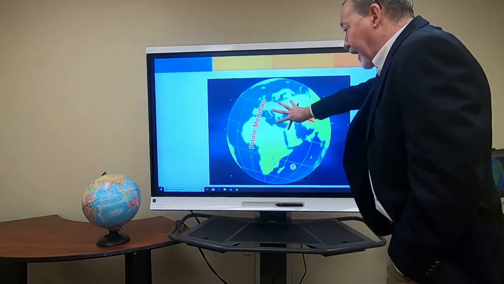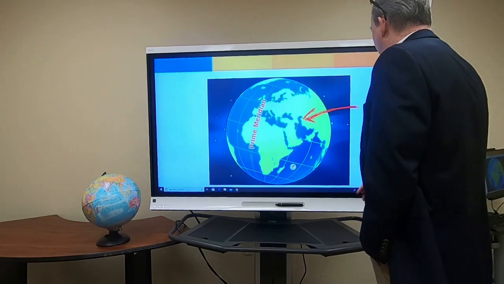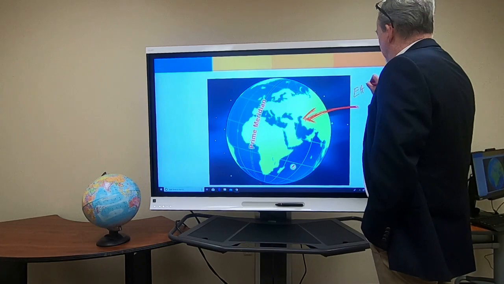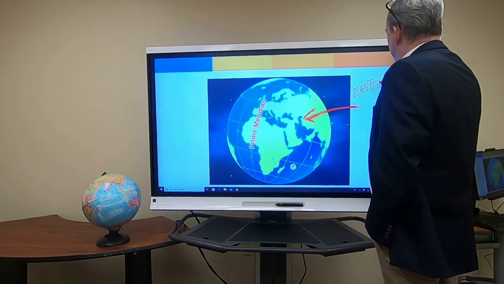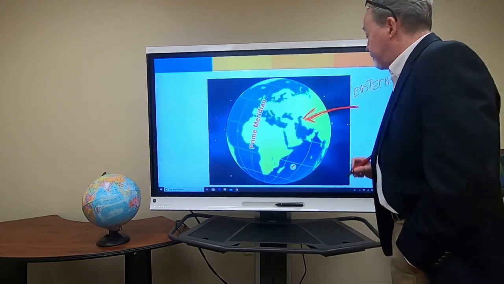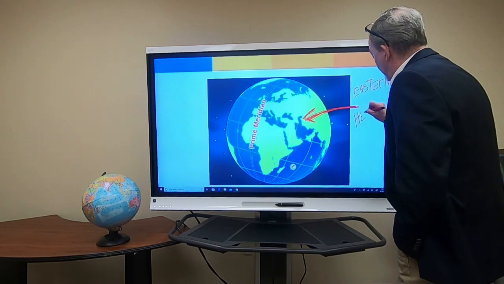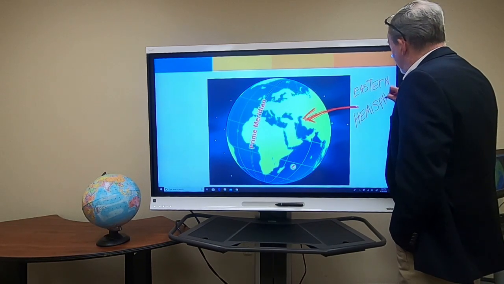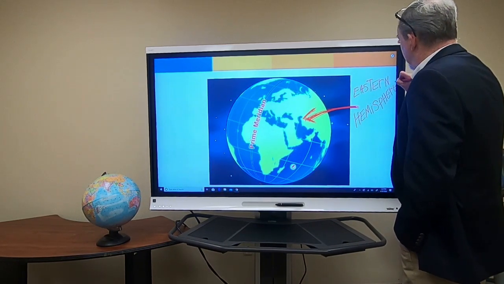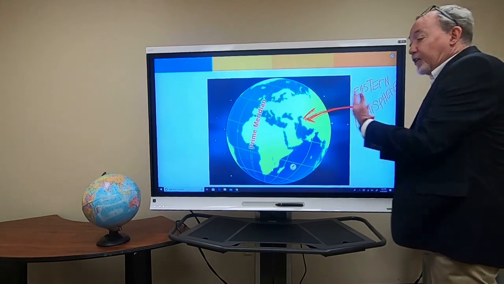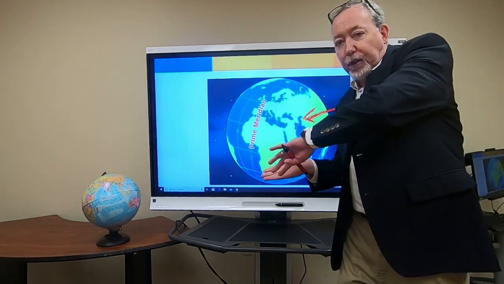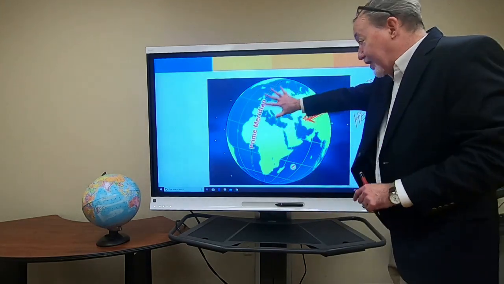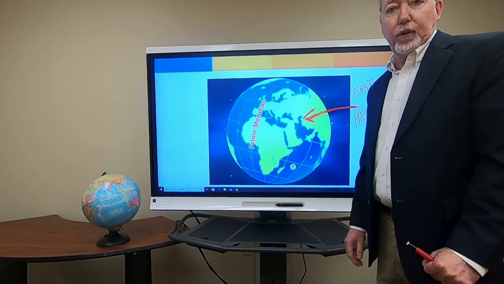If you are on this side, the eastern side of the prime meridian, we say you are in the eastern hemisphere. H-E-M-I-S-P-H-E-R-E. Almost ran out of room. The eastern hemisphere. If you leave Greenwich, England, if you leave the prime meridian and you go to the east, you have entered into what we call the eastern hemisphere.